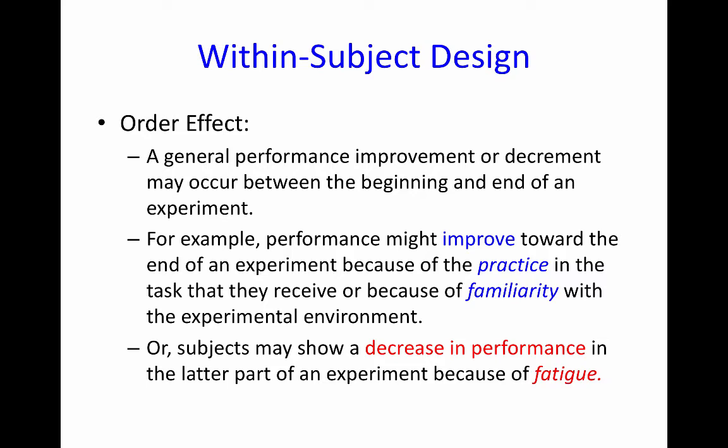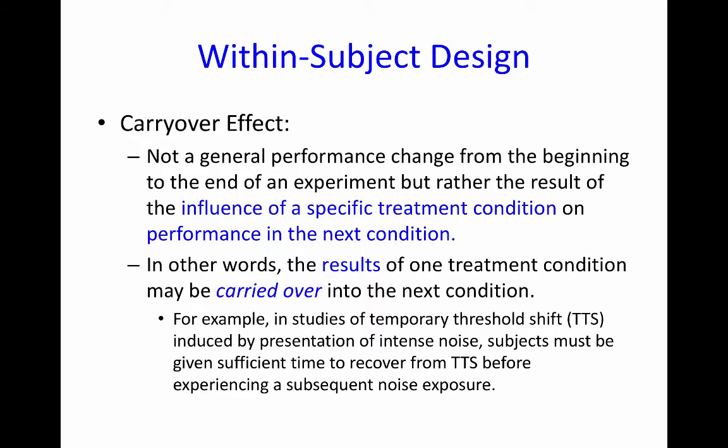Or on the flip side, they might show a decrease in performance from beginning to end because they're getting tired. Okay, so order effect. The more practice, the more comfortable, the more familiar you are with the setting, maybe there's an improvement in scores. Or the longer the test, the person decreases performance from fatigue, and that affects your results.